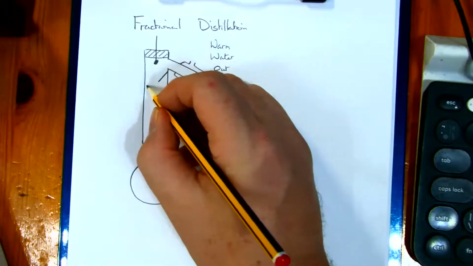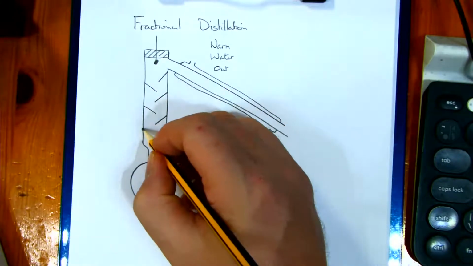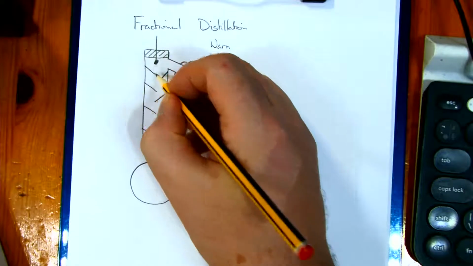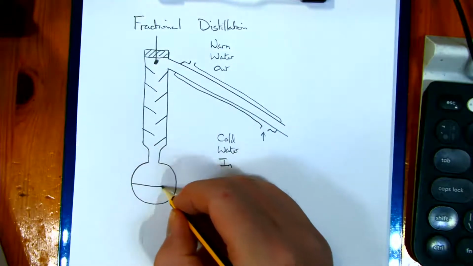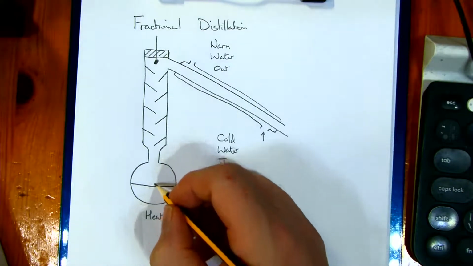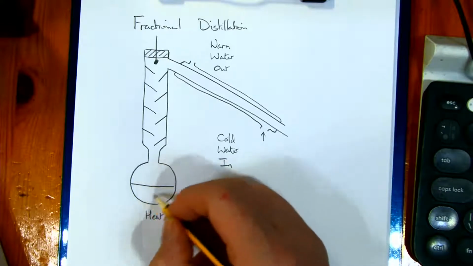This fractionating column, they look different, lots of different ones. Ones that have bits of glass rods in there to allow drops to condense. So let's take my liquid. I'm going to heat it. There's more than one liquid in there.